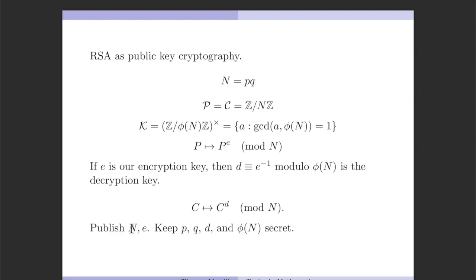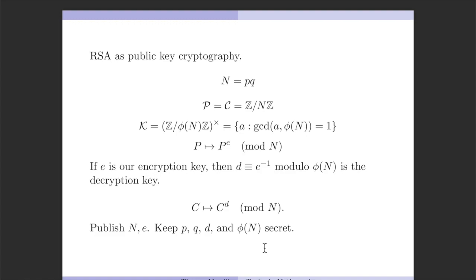So remember that I am publicly disclosing the modulus I'm using, which is n, and the exponent that I'm using, which is e. And then all the other parameters on this page need to remain secret: the prime factors p and q, the decryption key d, and the Euler phi function of n.